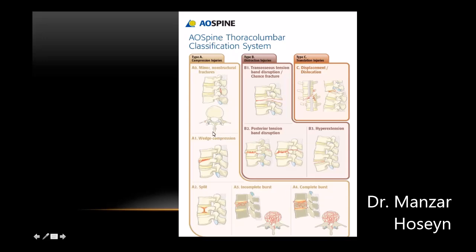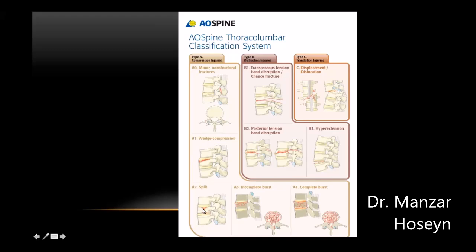If there's only compression with wedging of one of the end plates, it can be superior or it can be inferior, then it's considered an A1 compression fracture. A2 is also a compression fracture, but the difference between A1 and A2 is that both the end plates are involved here, but the posterior cortex is intact.